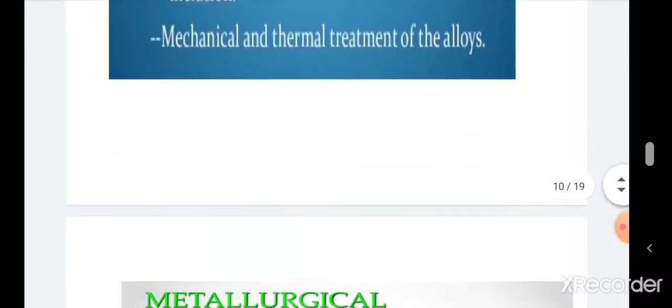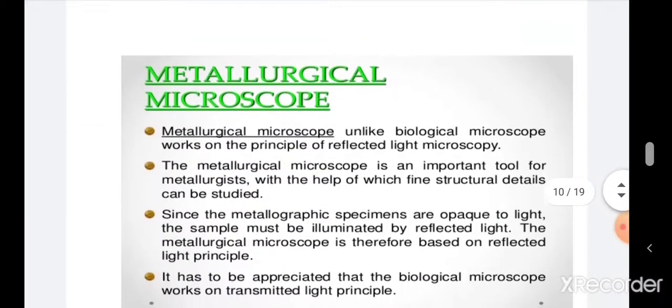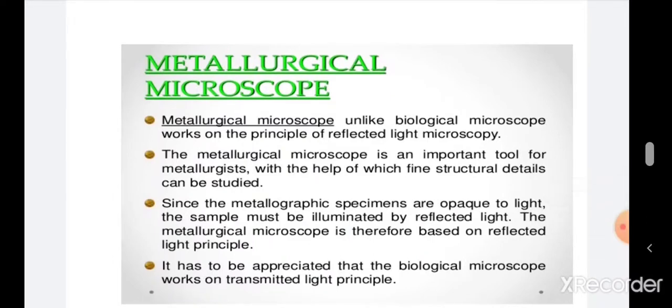Now we will first see the first microscope, that is the optical metallurgical microscope. The optical metallurgical microscope is completely based on reflected light microscopy. The basic principle of optical microscope is what?